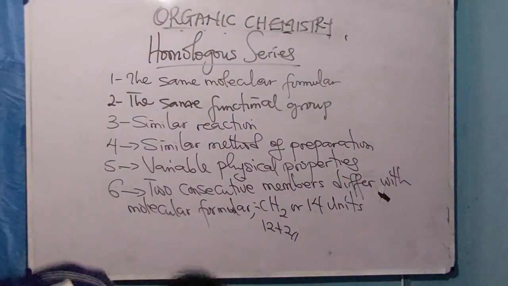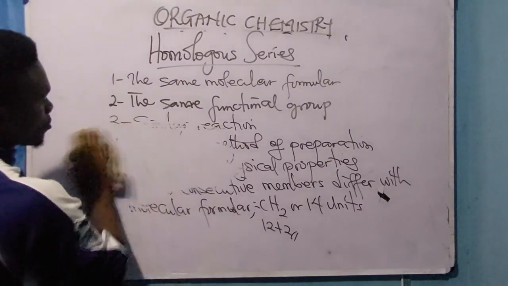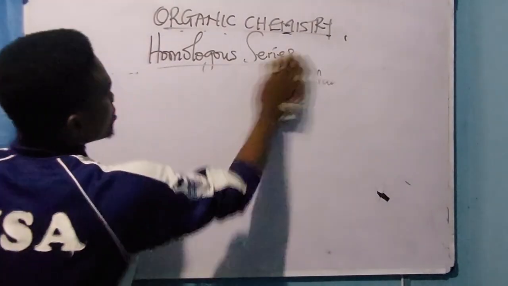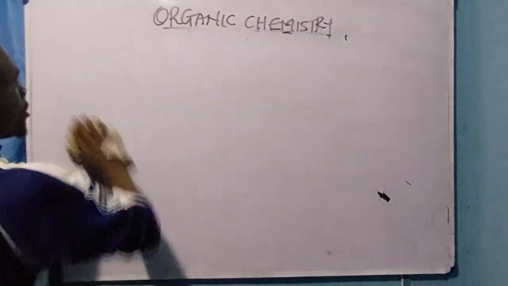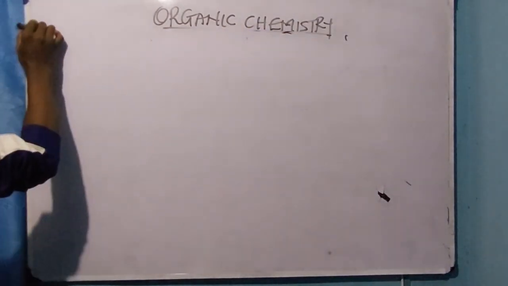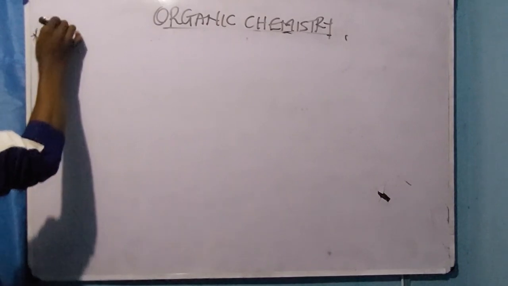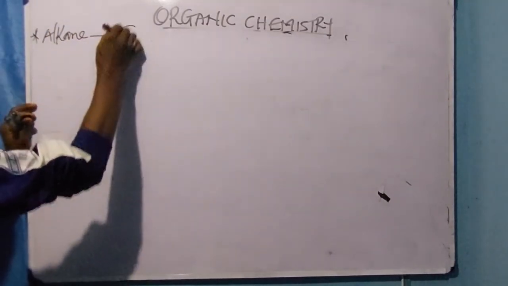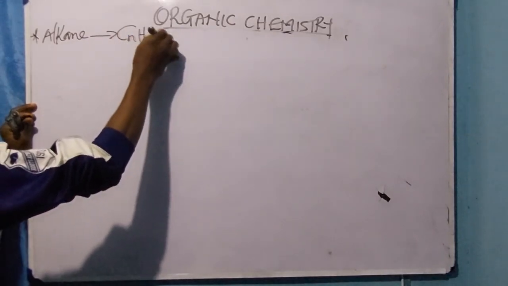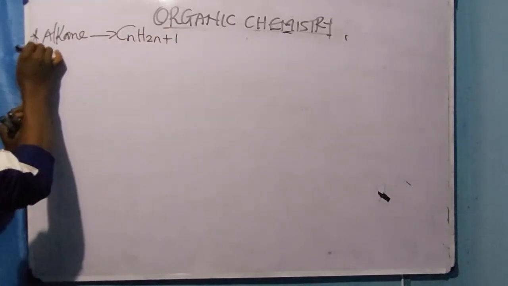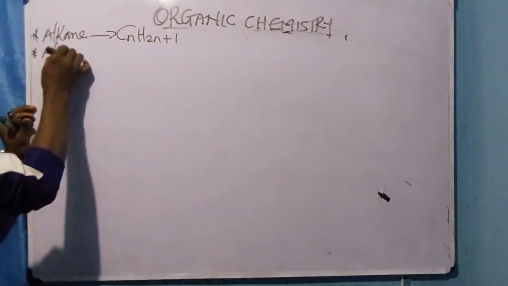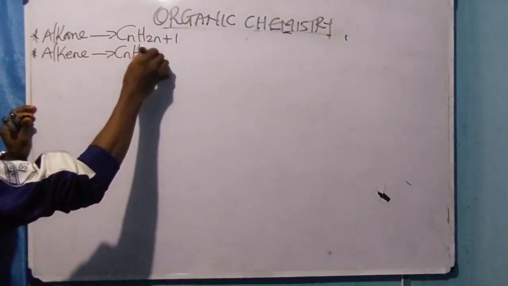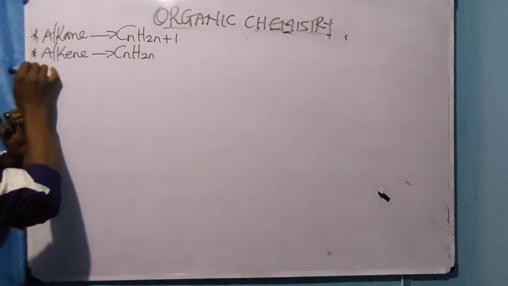Now let us look at the various homologous series. First, I have alkane, with molecular formula CnH2n+1. Then the alkenes, CnH2n.